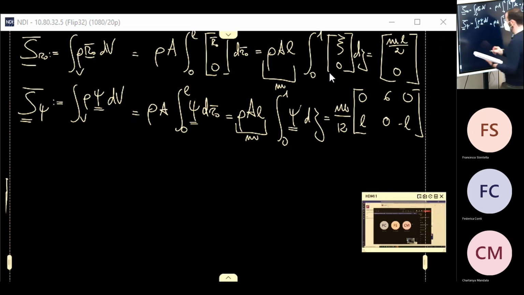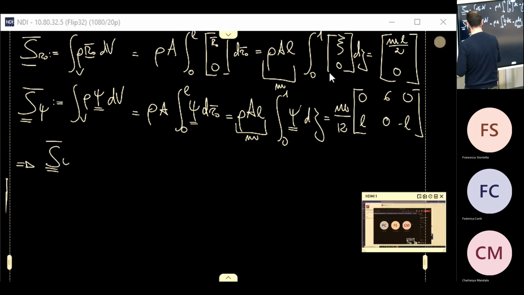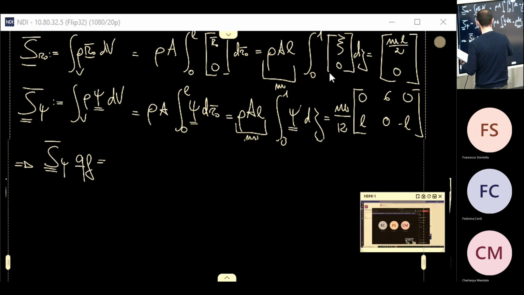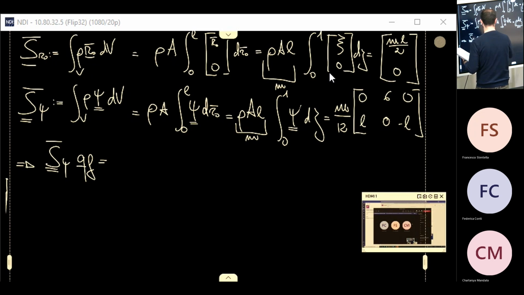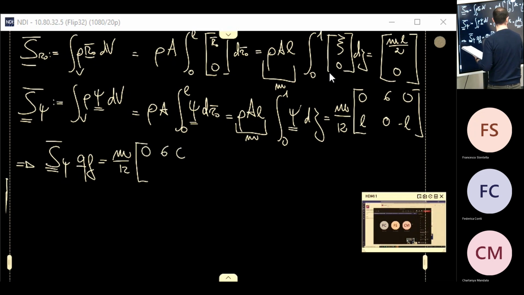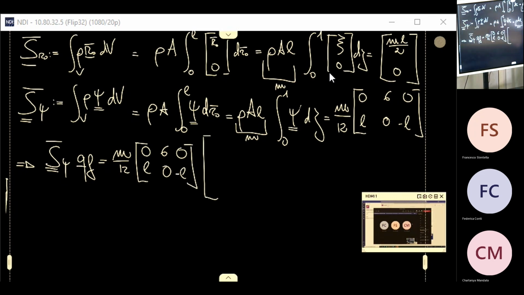So it follows that when I apply the second inertial shape integral to my QF, this becomes, if you want I can write it again, but it's really trivial. So we have 0, 6, 0, L, 0 minus L times the deformation coordinates, the elastic coordinates after the imposition of the reference condition, sorry.